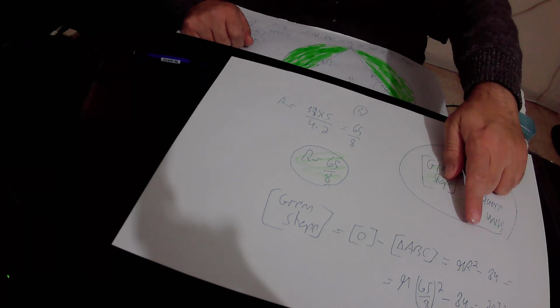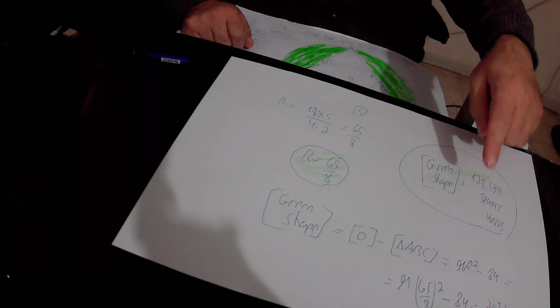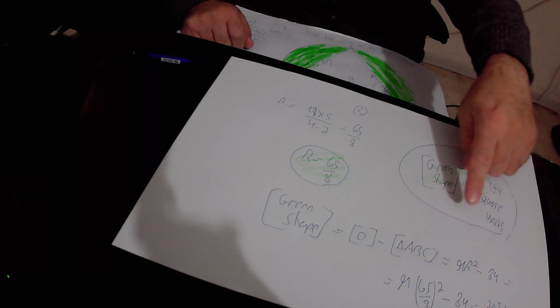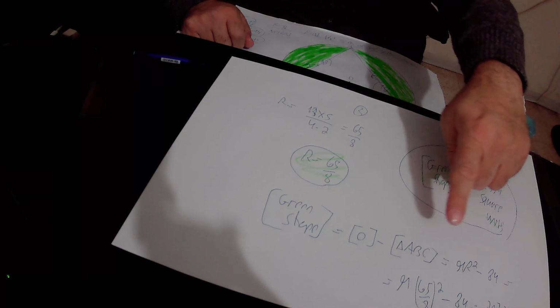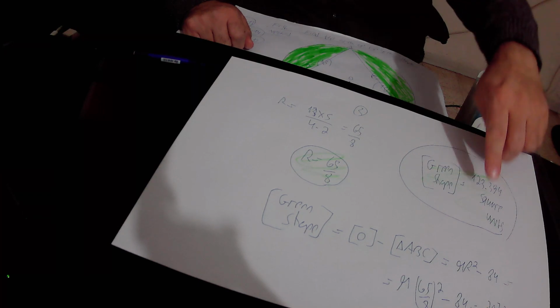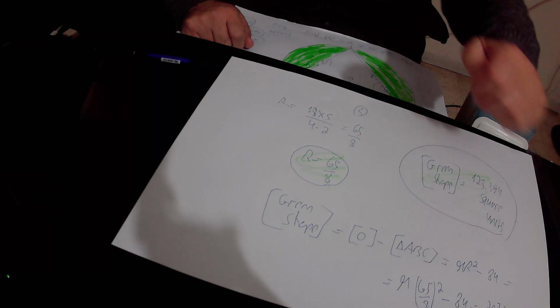So the area of the green shape equals pi R squared. R is 65 over 8, therefore R squared is 65 over 8 squared. So in total the area of the circle equals pi times 65 over 8 squared, minus the area of triangle ABC, that is 84 square units.